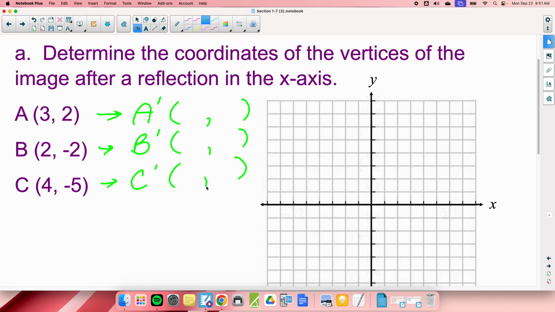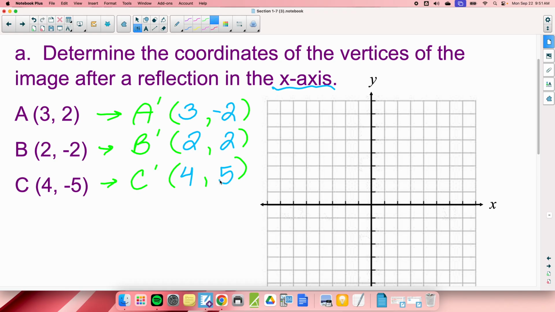Now, when you're looking at this, you have to look at which axis we are reflecting over. We're reflecting over the X, so the sign of which coordinate changes? Y. So my X stays the same, my Y changes sign. My X stays the same, my Y changes sign. My X stays the same, my Y changes sign.